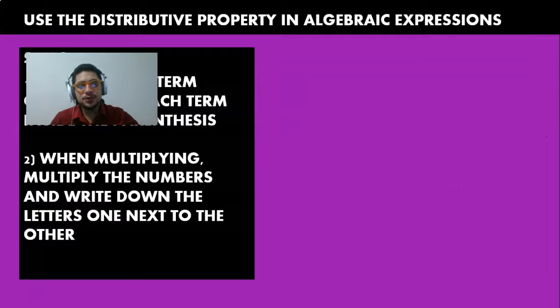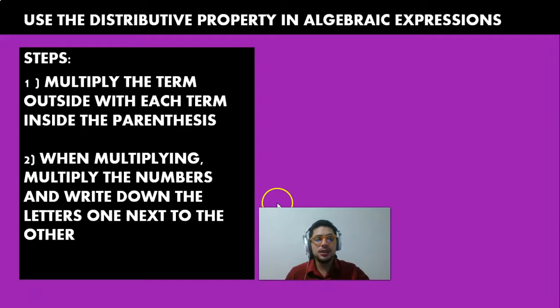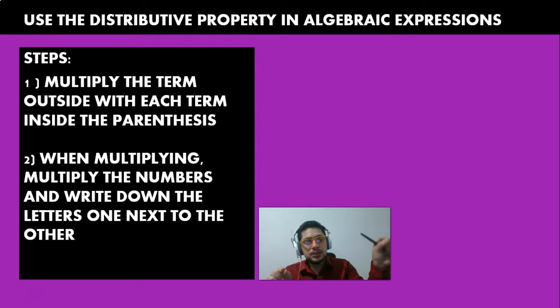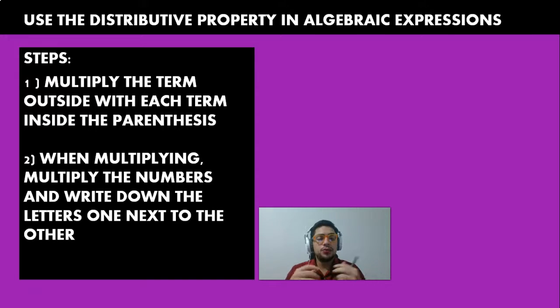So guys, the first thing you have to remember is actually the steps we saw on the last video, which I will be trying to link down below. The first step is to multiply the terms outside the parentheses by every single term inside the parentheses, right? You have to remember that when you multiply a number, for example 6 times x, you write down 6x.